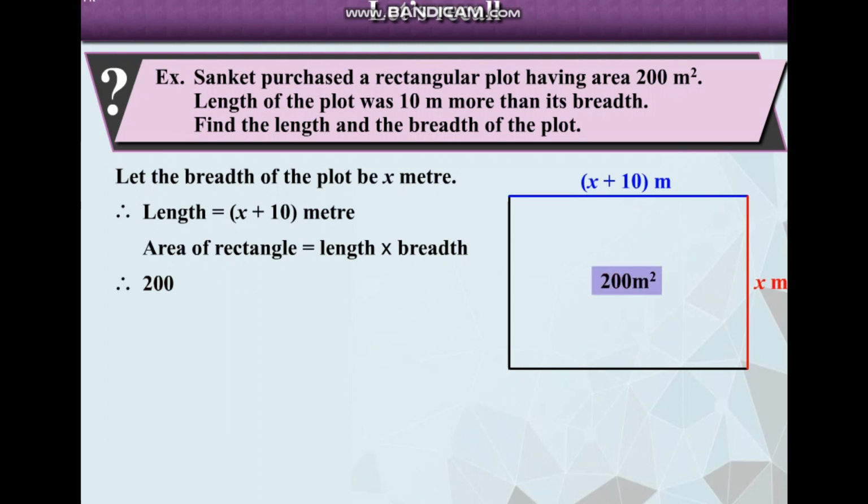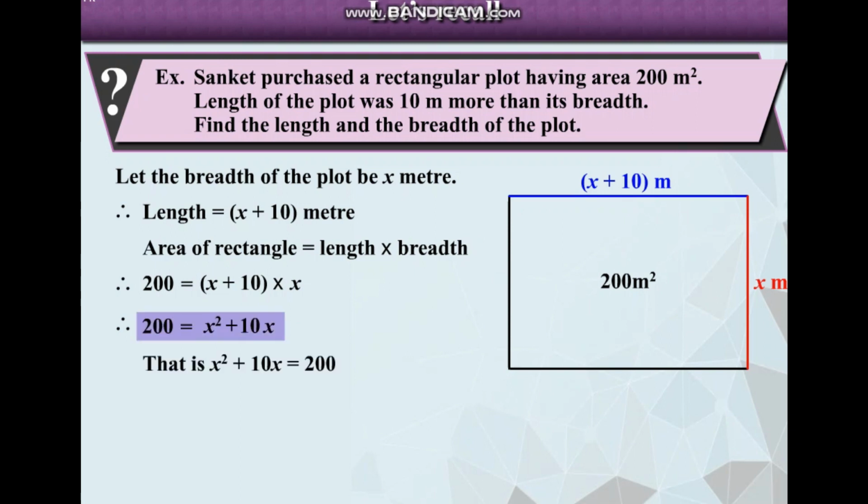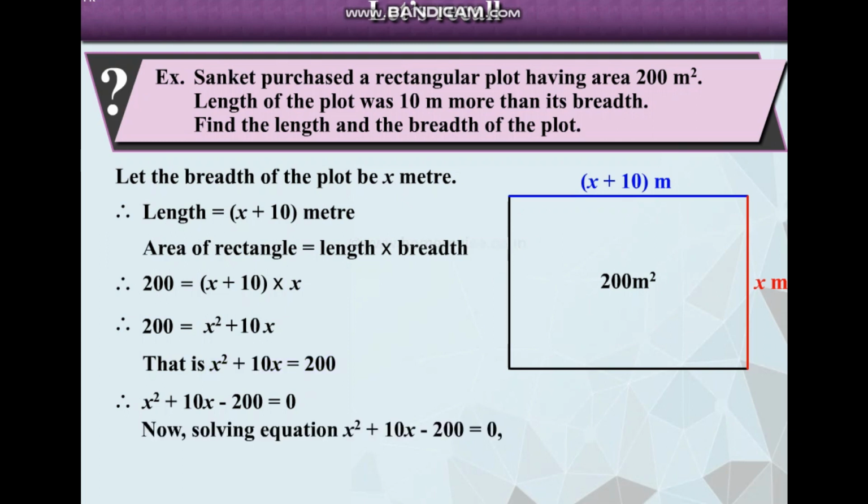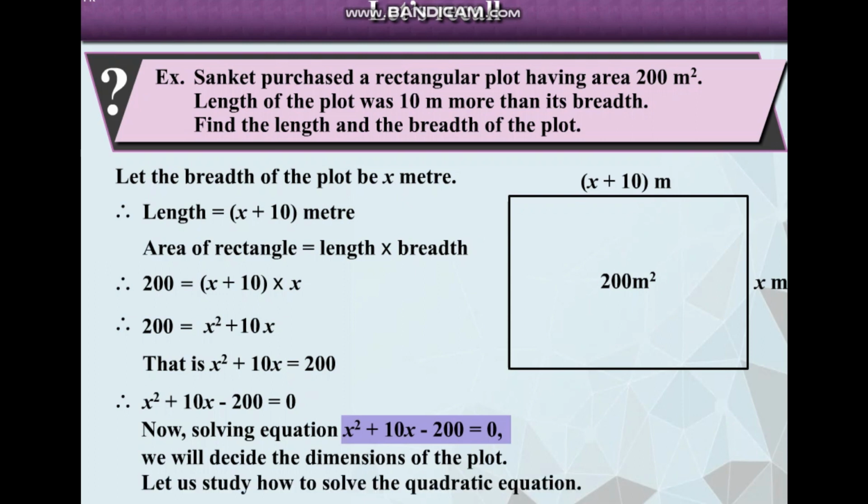Therefore, 200 is equal to x plus 10 multiplied by x. Therefore, 200 is equal to x square plus 10x. That is, x square plus 10x is equal to 200. Therefore, x square plus 10x minus 200 is equal to 0. Now, solving the equation x square plus 10x minus 200 is equal to 0, we will decide the dimensions of the plot. Let us study how to solve the quadratic equation.